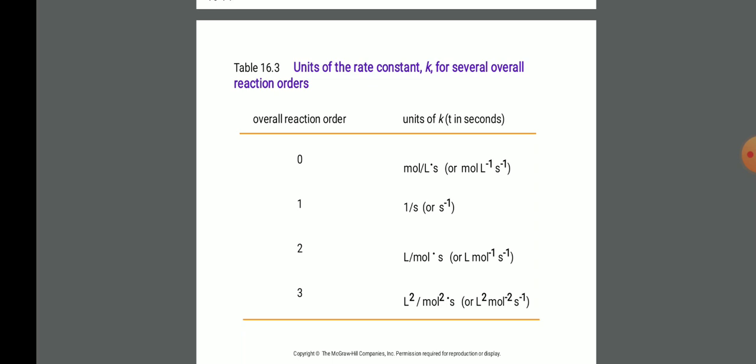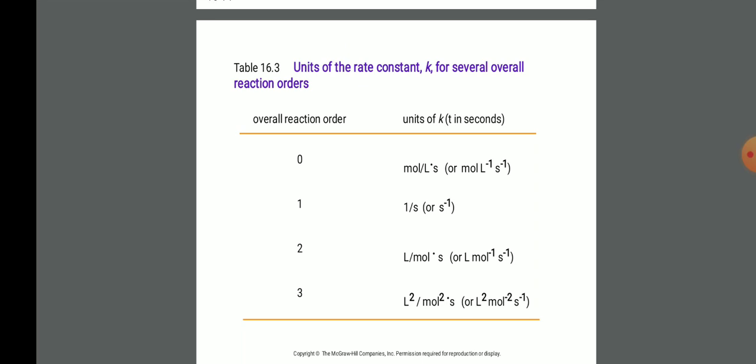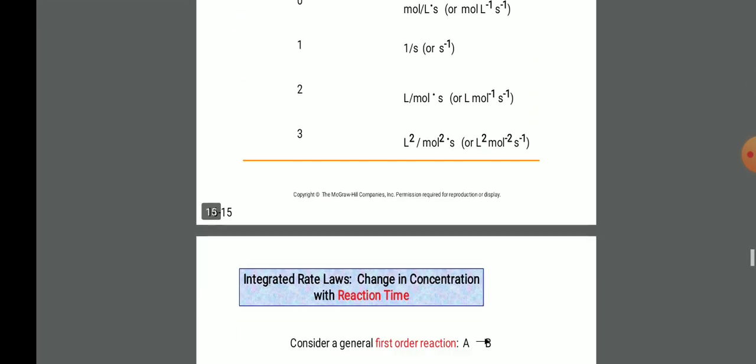Second order is liter per mole per second. Third order is liter squared per mole squared per second. This is the unit of the rate constant.